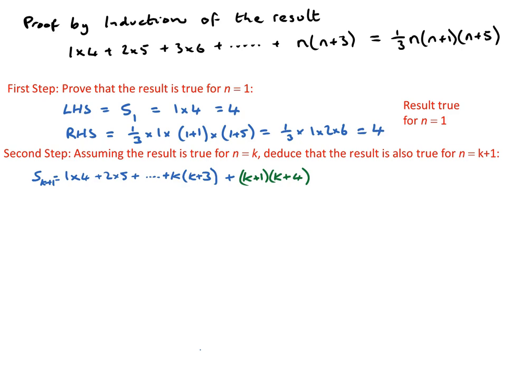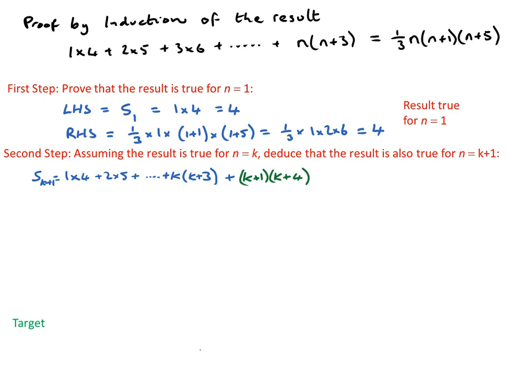We've got to show that that is equal to 1/3 times (n plus 1)(n plus 5), where n is k plus 1.